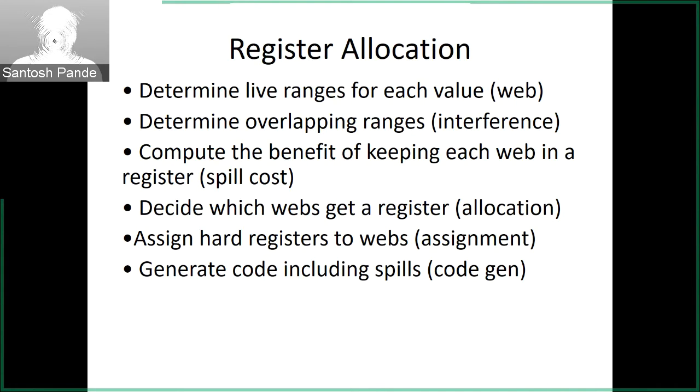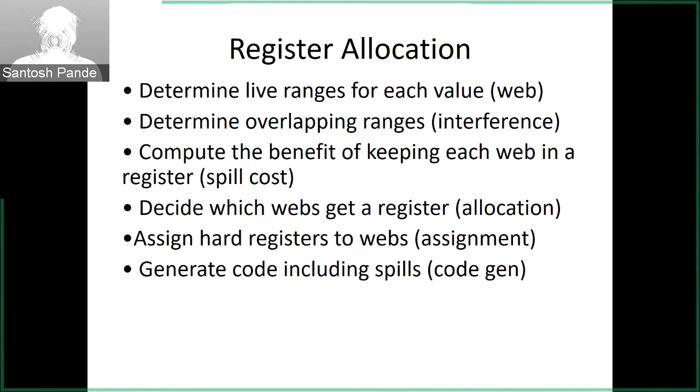So what does spill cost tell us? Spill cost tells us the penalty of not keeping the value in a register. And when we are faced with a problem, should we keep A in a register or should we keep B in a register? Because I got only one register to fit either A or B. So the one which will fit will be the one which has higher penalty or higher spill cost.